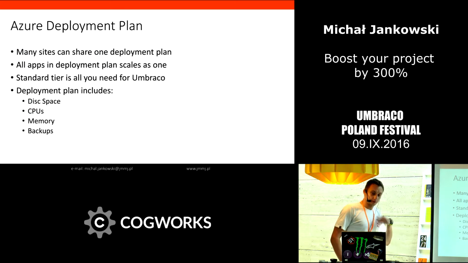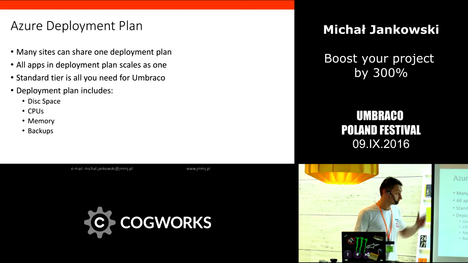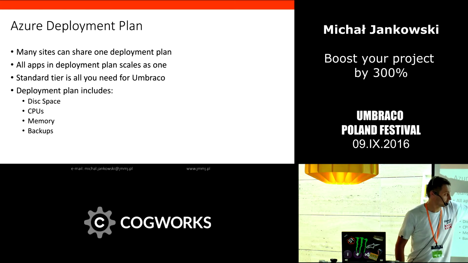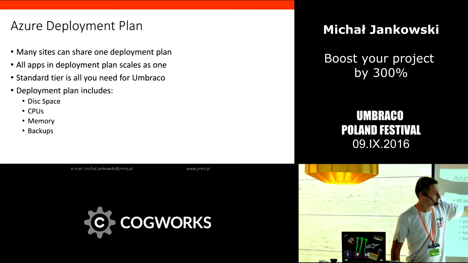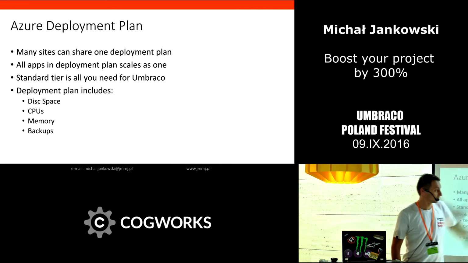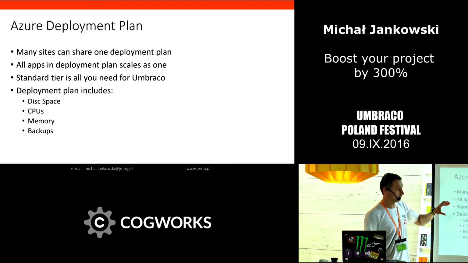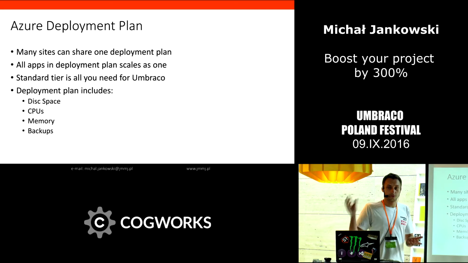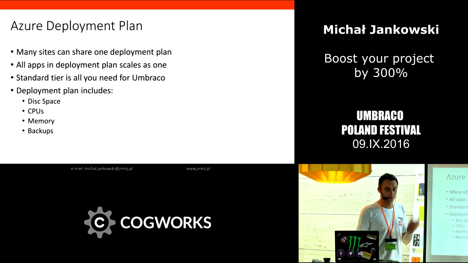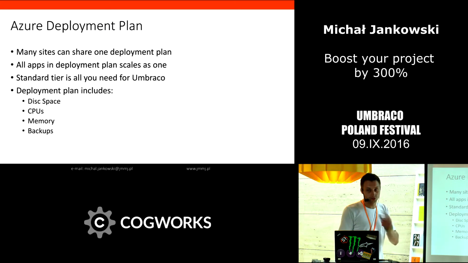And every time in this presentation when I say web app, I mean the Azure deployment plan. It's like this shelf. This is the Azure deployment plan, and each book is an app. What it means is we can share one plan between many smaller websites, and they share resources, and this is how we make it cheaper.